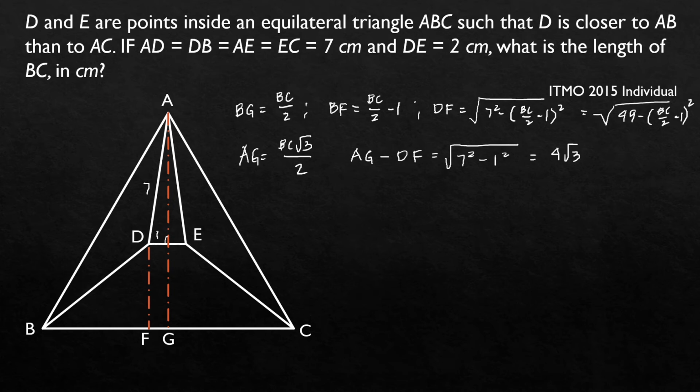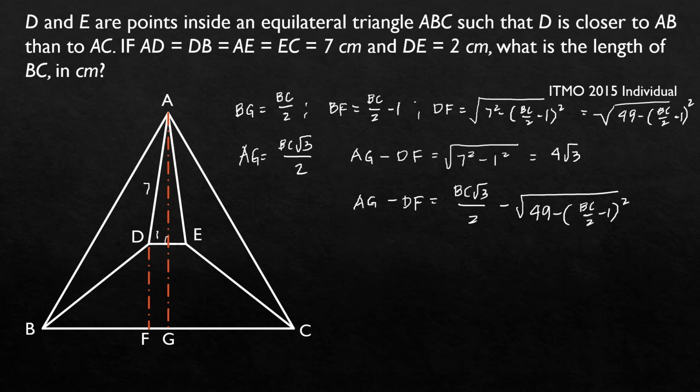Also, we know that AG minus DF is equal to the expression for AG, that is BC square root of 3 over 2, minus the expression for DF, that is square root of 49 minus (BC over 2 minus 1) squared. By the transitive property of equality, we can equate the two expressions for AG minus DF.